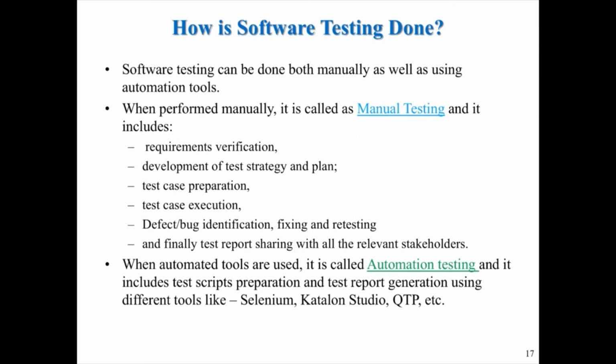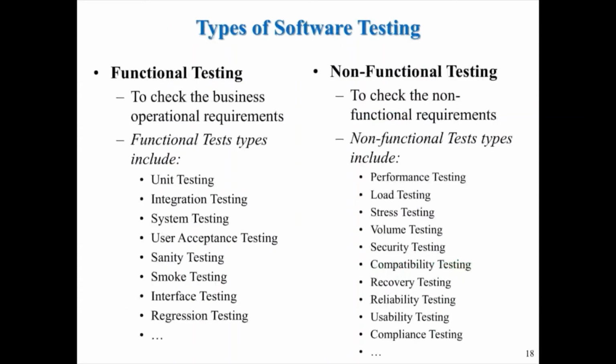Those tools help you run your scripts where you mention different types of tests, and then they generate reports of the testing for you. Examples of these tools are Selenium, Katalon Studio, QTP, and many more. Some of the tools I will be showing you, inshallah, in the next slides.